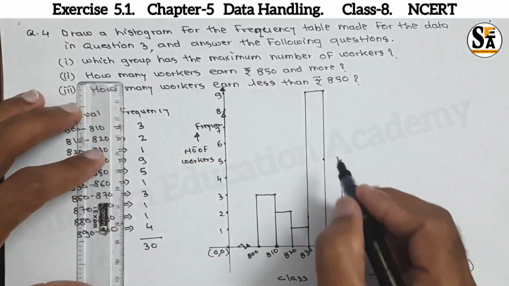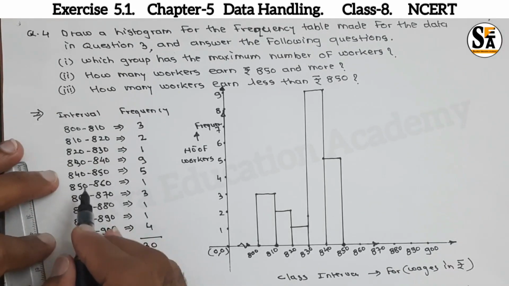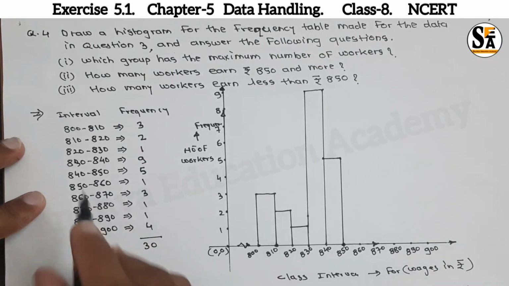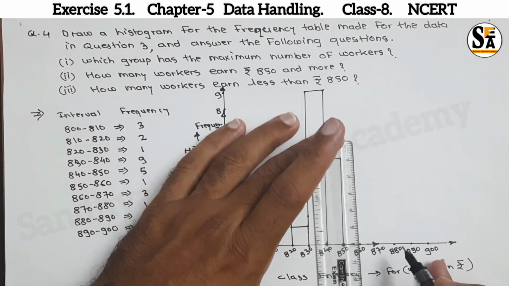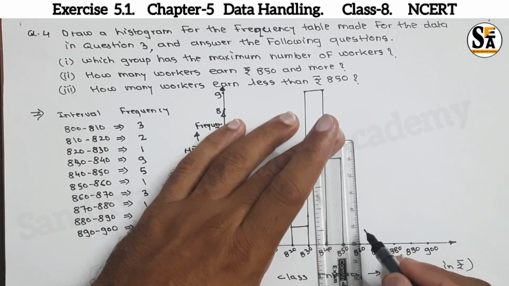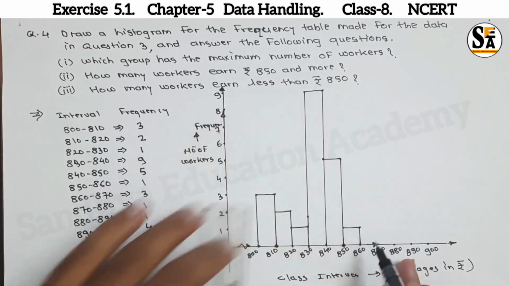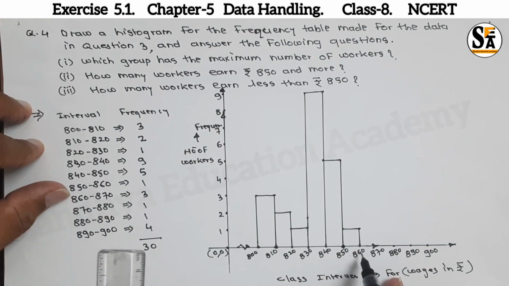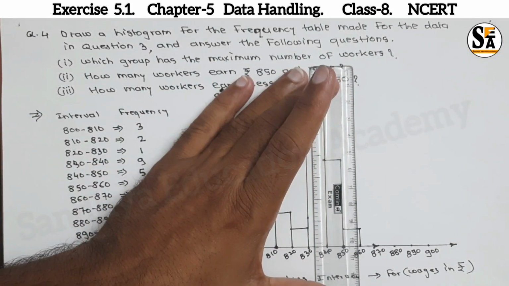Make a vertical line and join this. For the next interval, 850 to 860, only one is given. So make a 1 centimeter line here and join this. For the next interval, 860 to 870, there are 3 workers in this interval.